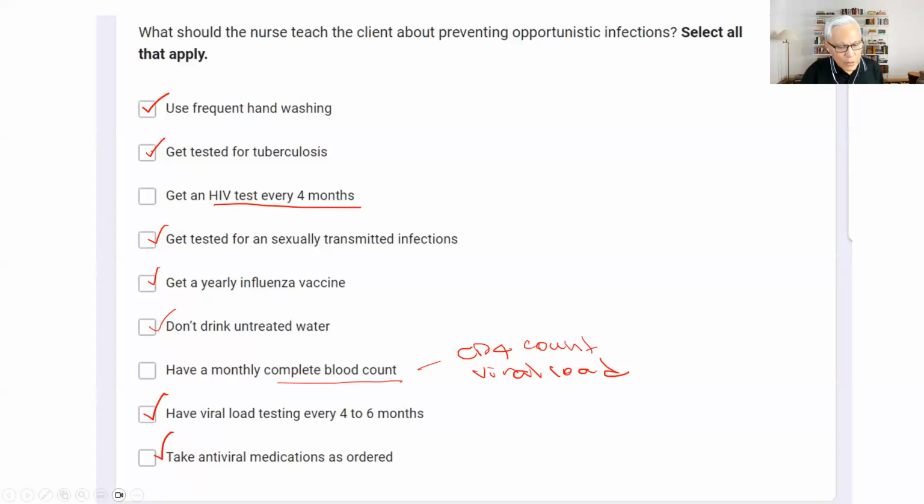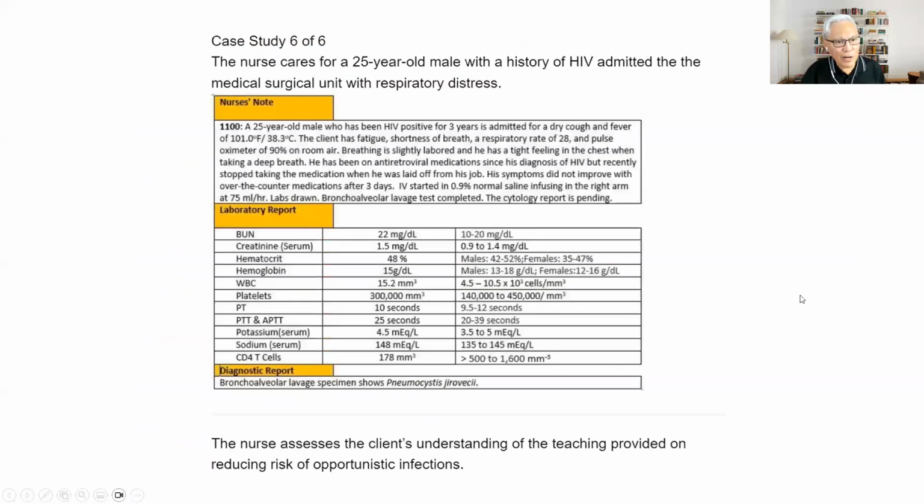Okay, so let's go to the last scenario. It says, the nurse assesses the client's understanding of the teaching provided on the risk of infections. So now we're going to evaluate whether or not he understood it.